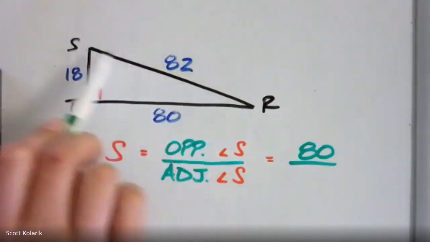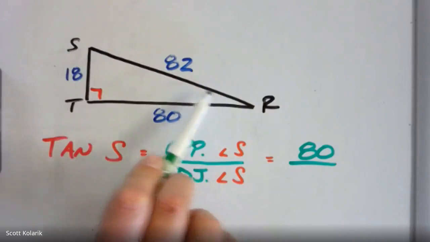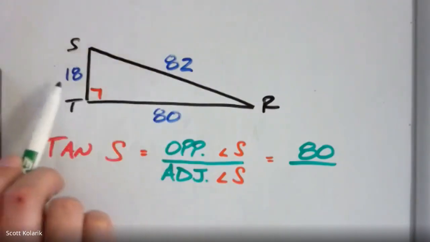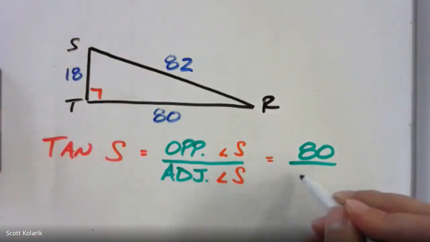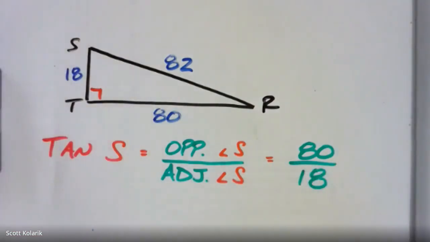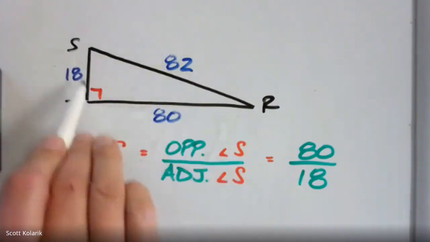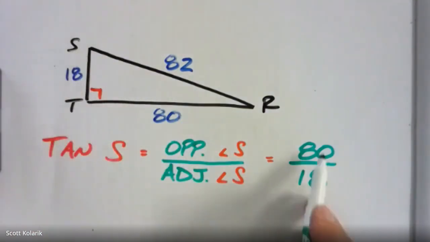This is the hypotenuse of the triangle. That's given its own designation. We'll deal with this guy on Monday and Tuesday. But again, what's adjacent is this 18. For tangent, I'm dealing with the legs of a right triangle, opposite and adjacent. So this ends up being the tangent of angle S.